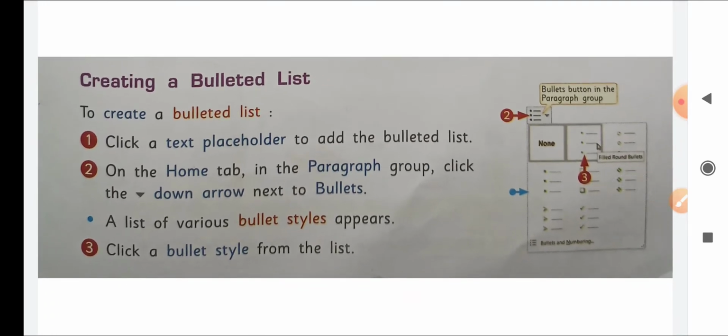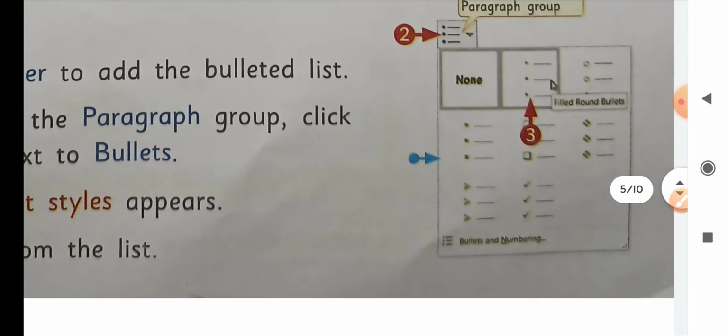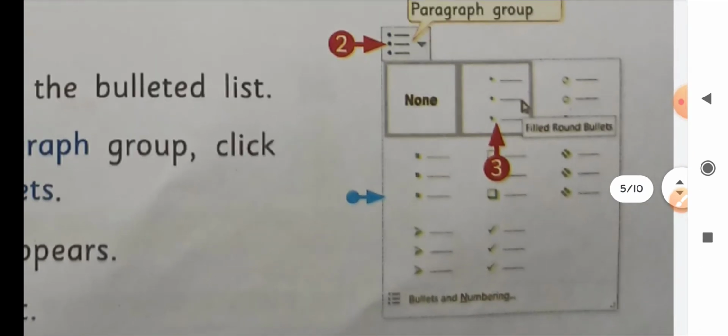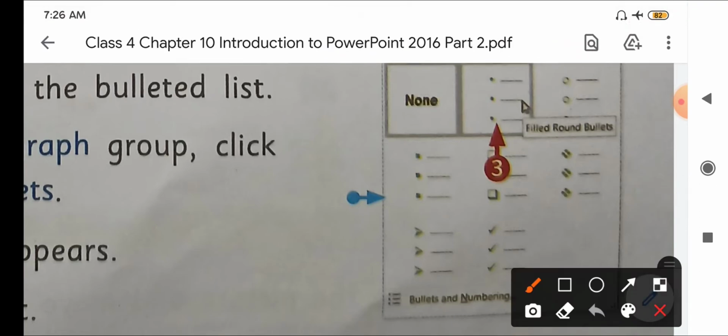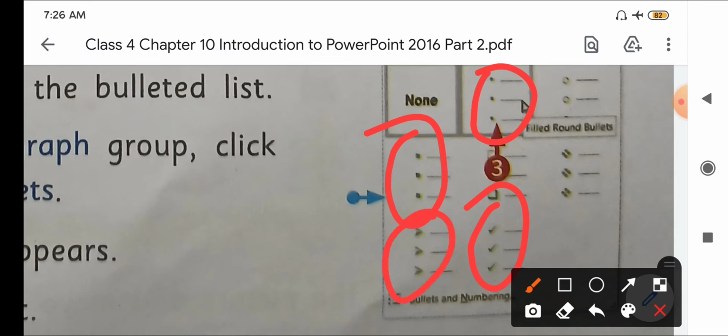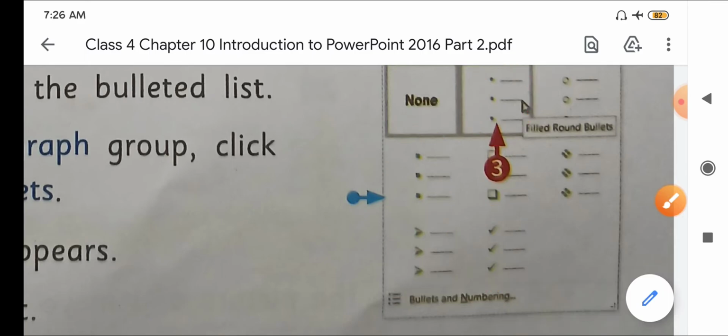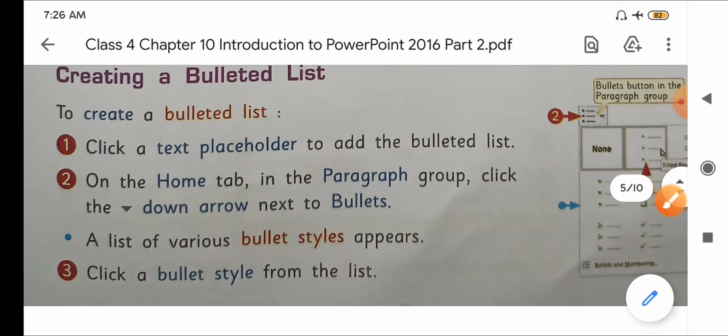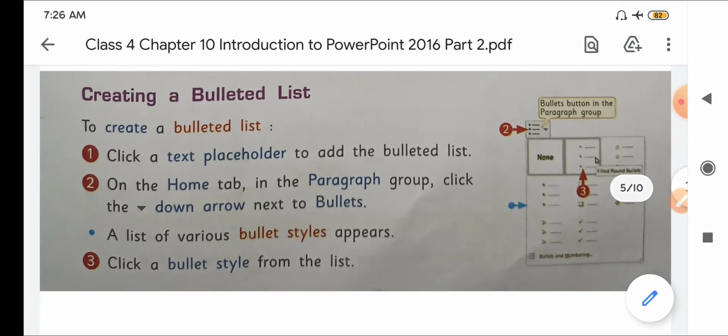Now let us see how to create a bullet list. What is a bullet actually? You can see here there are various predefined bullet types, like square dots here, circle dots here, a tick mark here, and arrow marks here. So these are the different bullet types. First, click a text placeholder to add the bullet list.